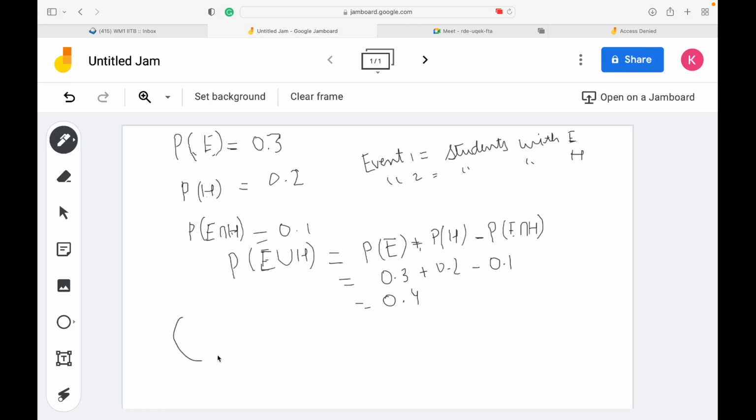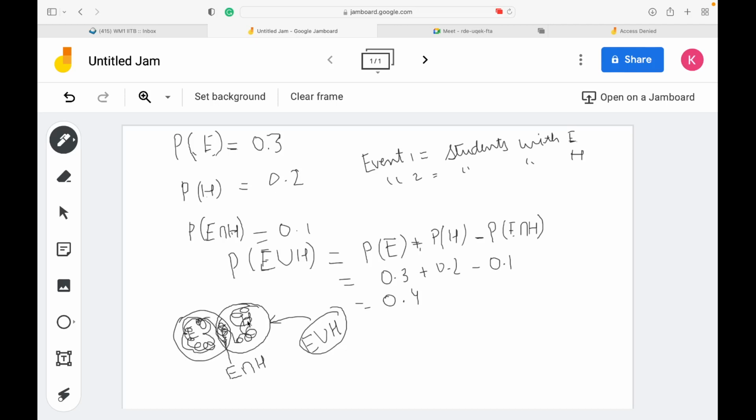So basically, if this is event E, this is event H, this is event E intersection H. But here we need to find the probability of E union H, which is this whole region, this region, and this whole region.